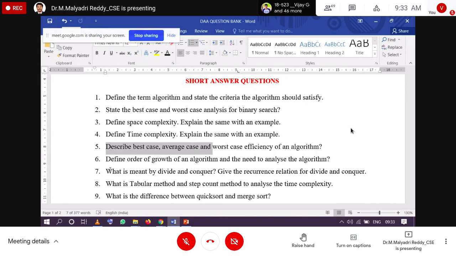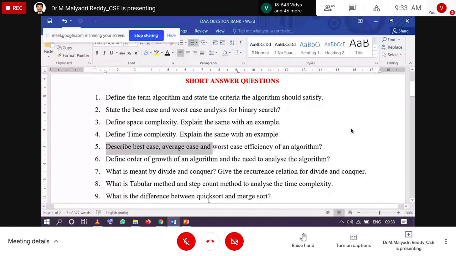Once we reach the atomic level, we start solving the subproblems. By solving those, we combine the solutions, which is conquering. This is the method. The recurrence relation, which I already explained to you, is T(n) = a T(n/b) + f(n), nothing but the master theorem.